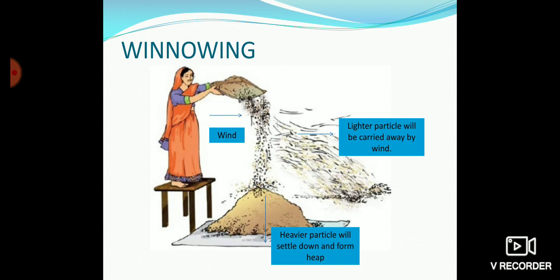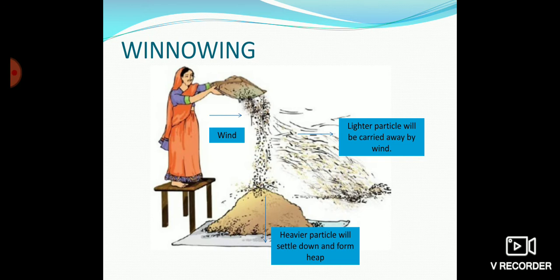We actually eat the grains which are inside this husk. So by the process of winnowing, we separate grains from the husk, and the husk is very light compared to the grain. The grains we eat and the husk is used as fodder.